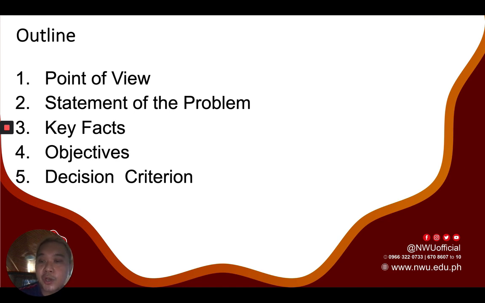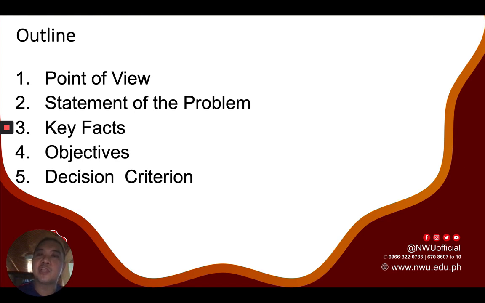30% lang yung cost. Pero yung classmate mo, since the primary objective that he stated is decreasing the cost, in his decision criteria, decreasing the cost receives heavier weight than market demand. Okay?